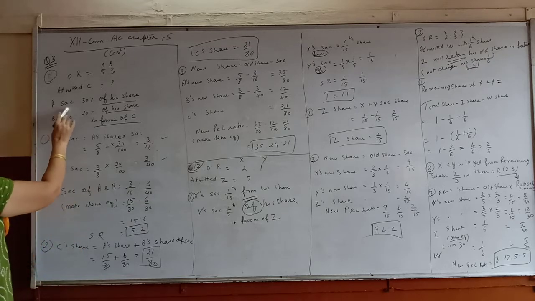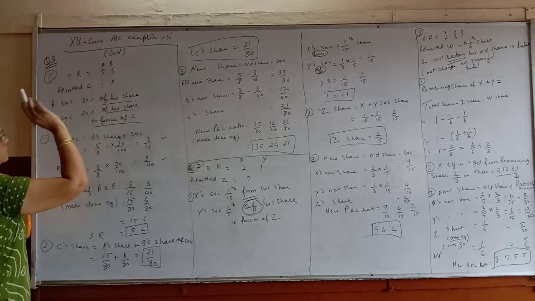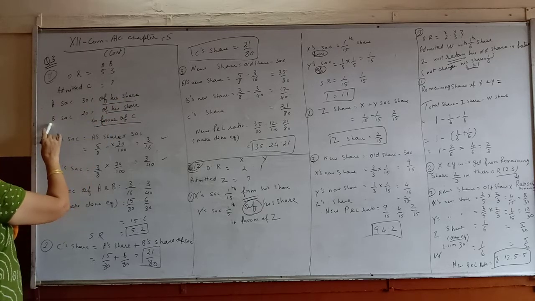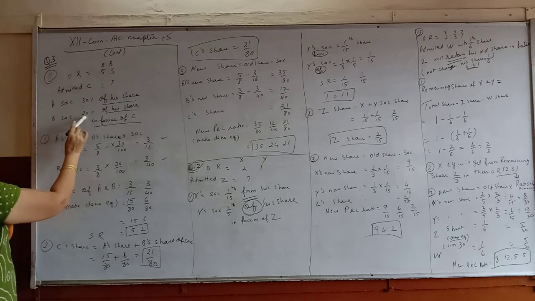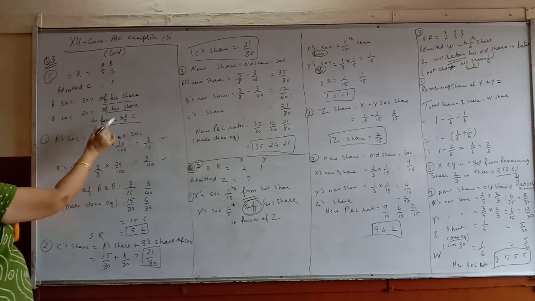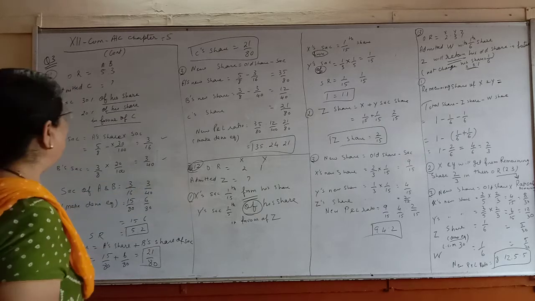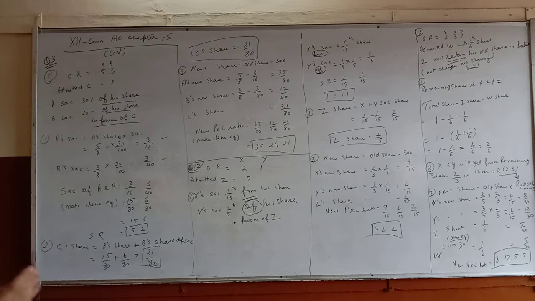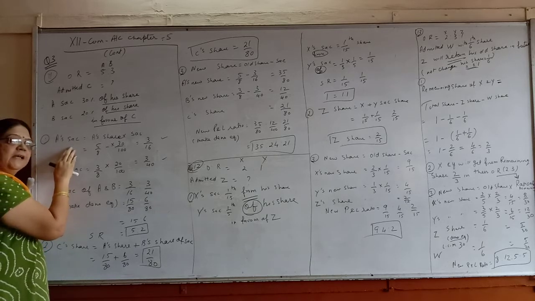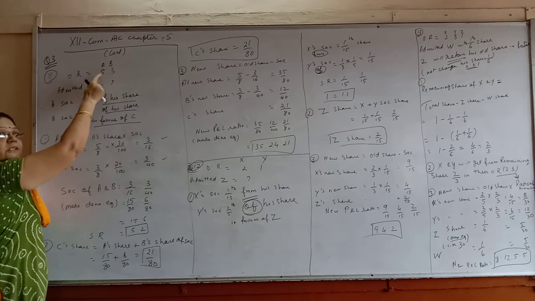A's sacrifice is 30% of his share, and B's sacrifice is 20% of his share in favor of C. As I told you, it is of his share. So what will be A's sacrifice? A's sacrifice is equal to A's old share.